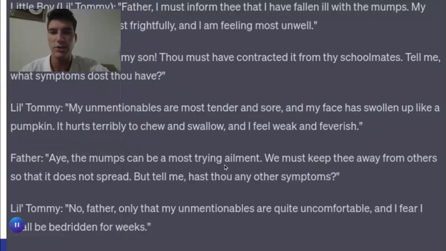It hurts terribly to chew and swallow, and I feel weak and feverish. Aye, these mumps can be a most trying ailment. We must keep thee away from others so that it does not spread. But tell me, hast thou any other symptoms? No, father, only that my unmentionables are quite uncomfortable, and I fear that I may be bedridden for weeks.